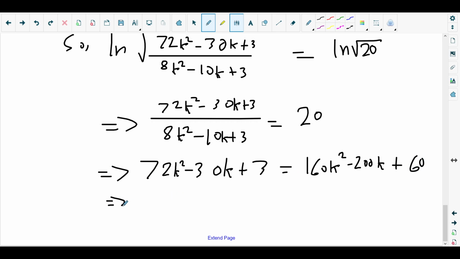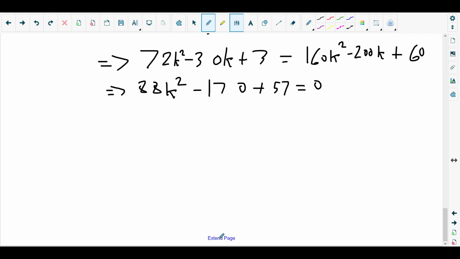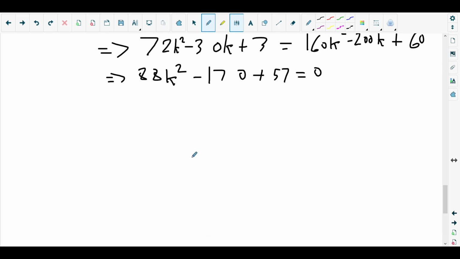Now 160 minus 72 gives 88k squared, negative 200 plus 30, that is negative 170k, and then 60 minus 3, that is plus 57, equals 0. Now we need the value for k.